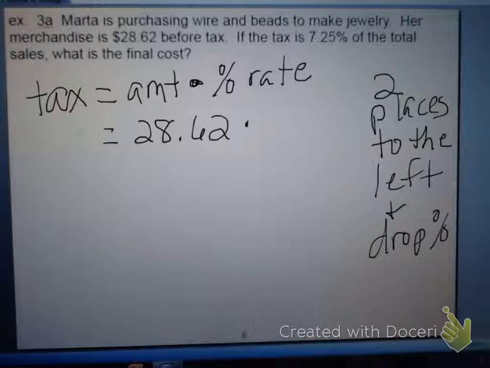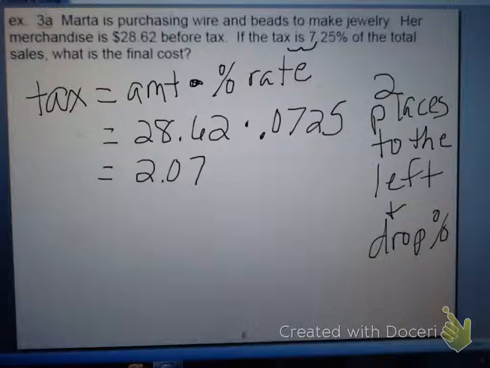So the decimal is right here. We move it 2 places, so it's 0.0725. Using your calculator, you multiply and you get $2.07. And again, we're going to round to the nearest penny when we're dealing with money.